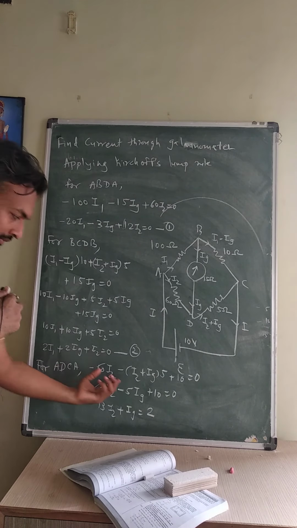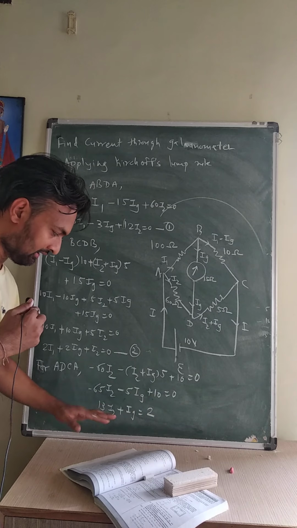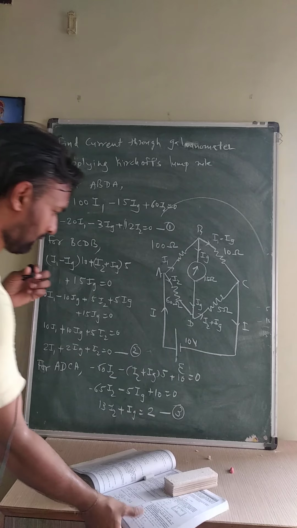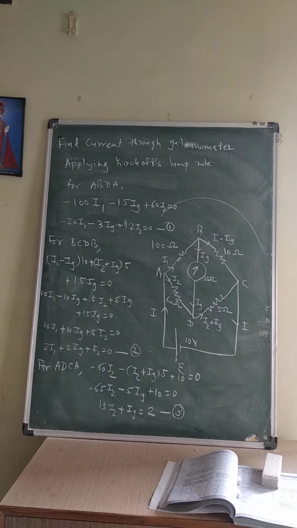I am taking these values on the right hand side and 10 as it is. So this will be my third equation. I hope up to this it's clear to you. If you want, you can take a screenshot of these things, or otherwise I'll attach a PDF of the same screenshot to you. So we have these three equations: equation 1, equation 2, and equation 3.